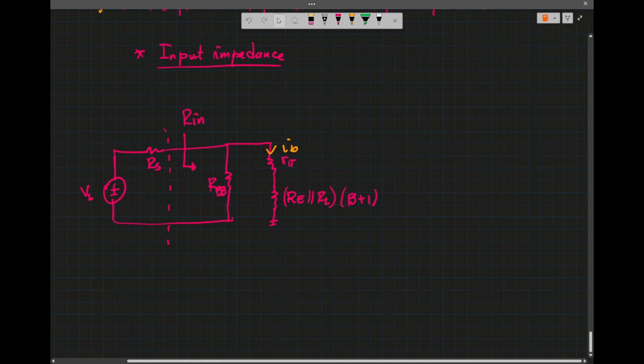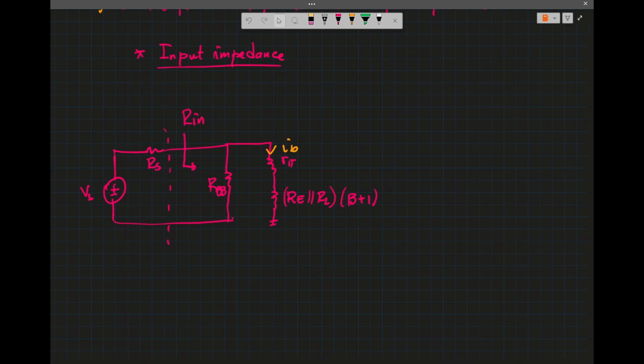So when we look at that point, which is the base, Rin will be RBB in parallel with R pi plus beta plus 1 times RE parallel load.